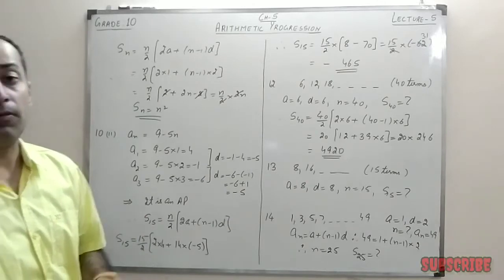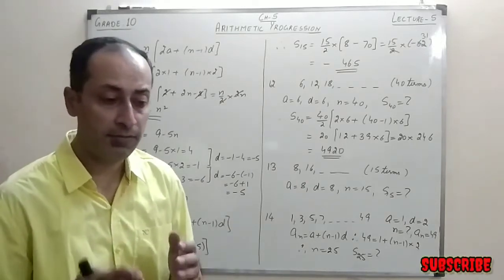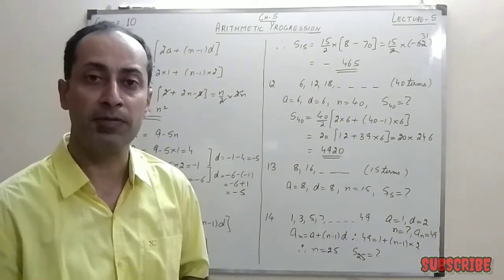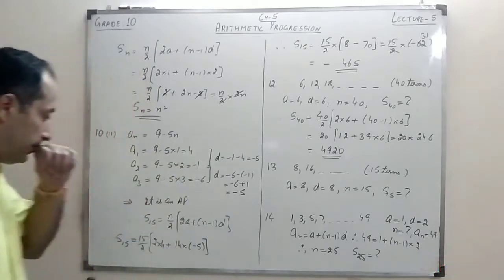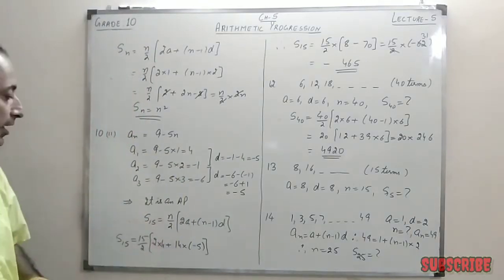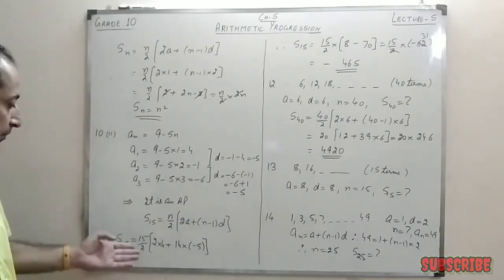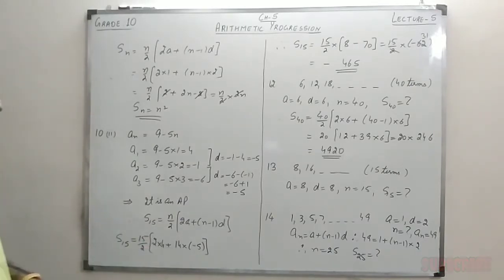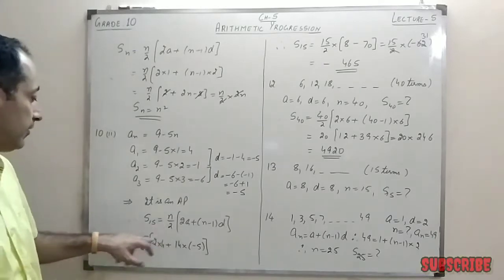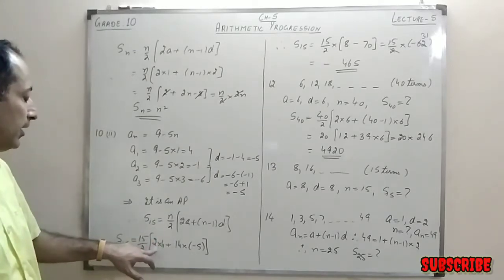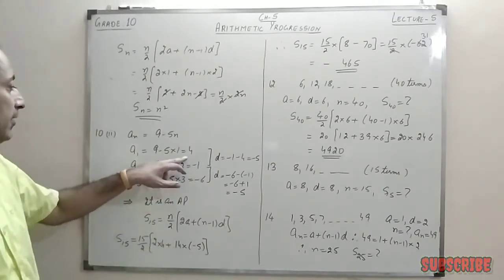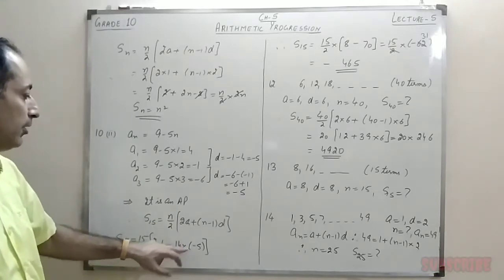Now the next part: if it forms an AP, we have to find the sum of 15 terms. We apply the relation Sn equals n by 2 into 2a plus n minus 1 into d. Here n is 15, so 15 by 2 into 2 into 4, because a was 4, and then 14 into minus 5, the value of d. Why 14?